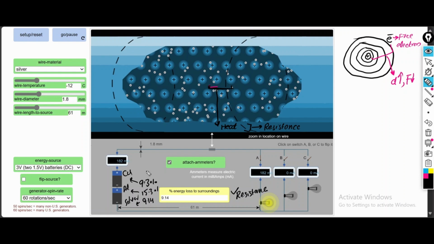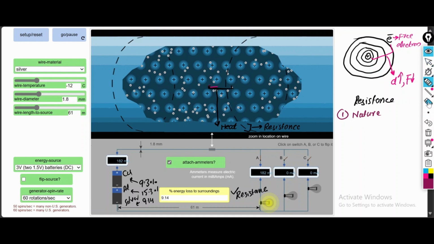From here we can conclude that the resistance of the wire changes with the nature of the atoms from which the wire is made. So I can write that resistance depends upon the nature of the material. First, it depends upon the nature of the material. Here we saw that.